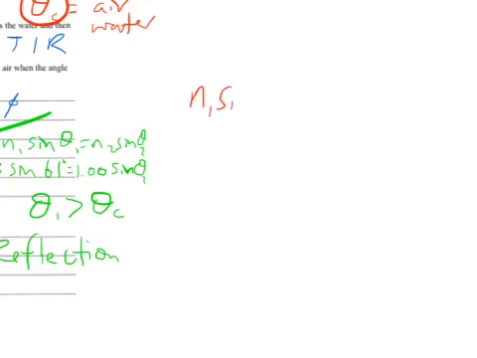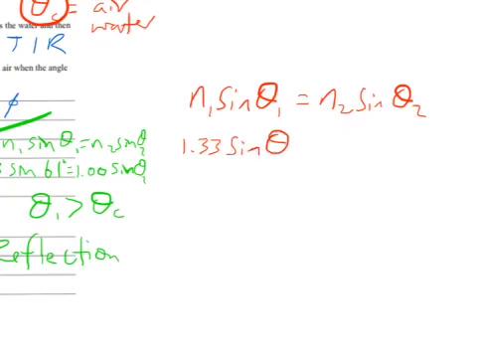N1 sine theta 1 equals N2 sine theta 2, and because we're dealing with the water-air boundary, N1 is our water, so 1.33 sine theta 1, which in this case is our critical angle because we're trying to find the critical angle, and N2 is the air, 1.00, and theta 2 is going to be 90 degrees, because that's the greatest angle you can get before it starts totally internally reflecting.